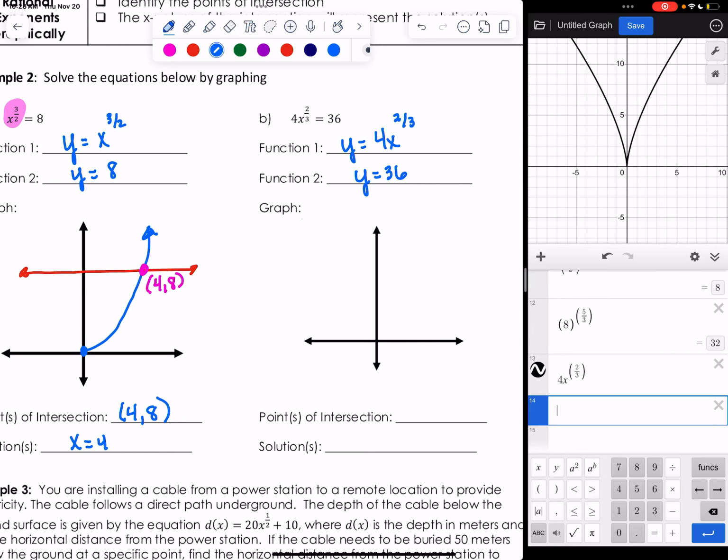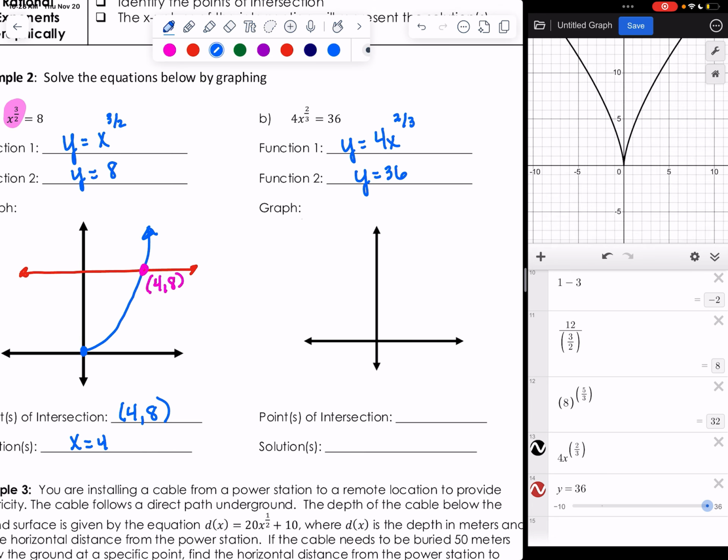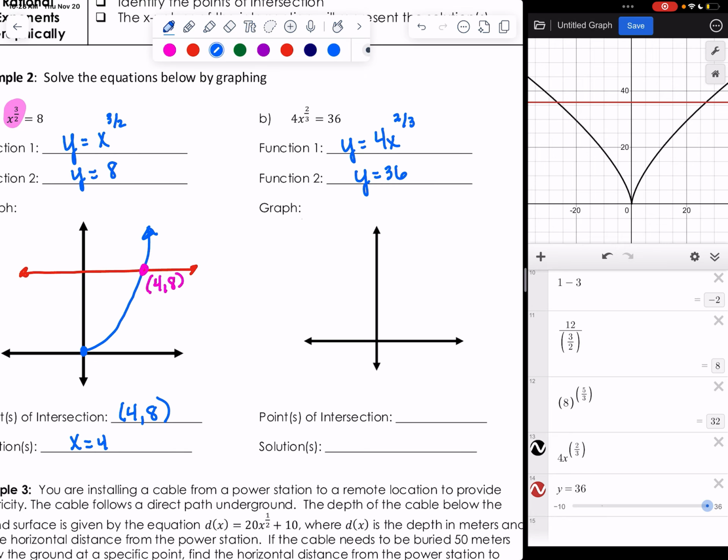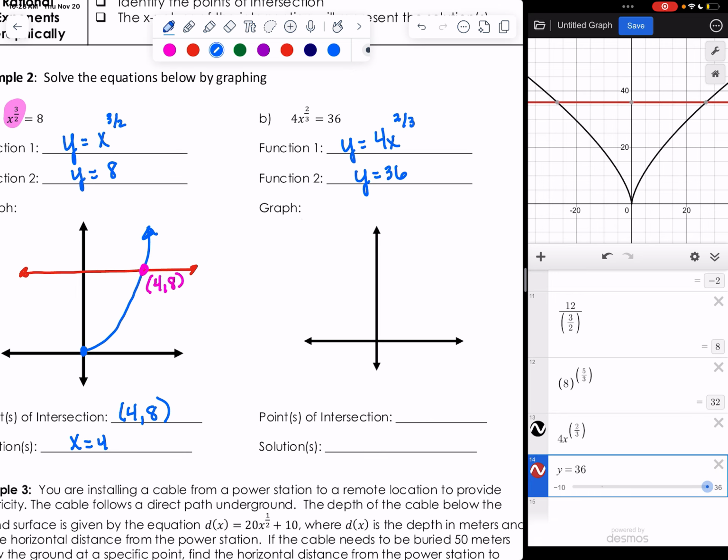And then I've got my second function, which is y equals 36. Now, 36, I'm going to have to really zoom out to see that. Okay, there we go. So in this problem, you can hopefully see that you have two solutions. One is right here, so I'm going to tap on it, and one is over here.